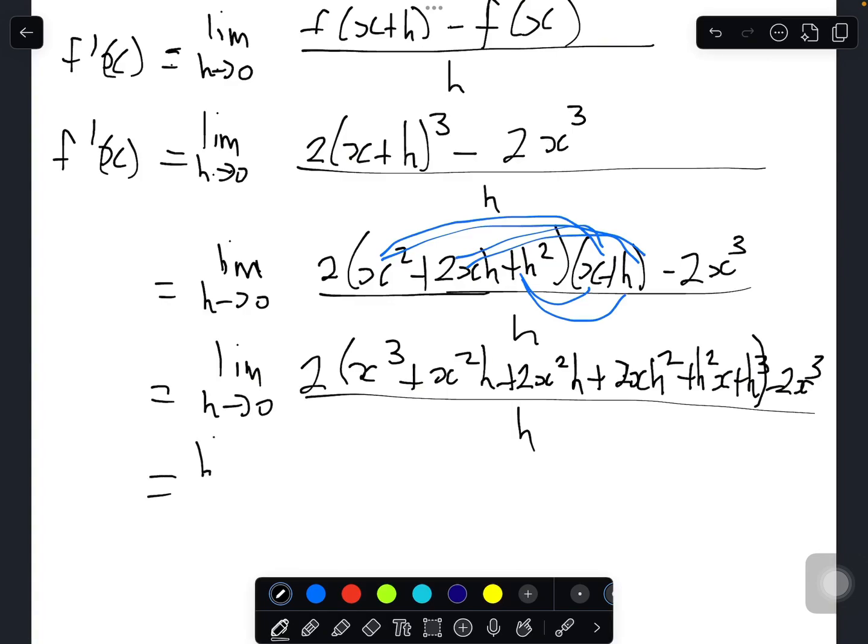Then I'm going to multiply it out by the 2, so now the limit as h approaches 0.